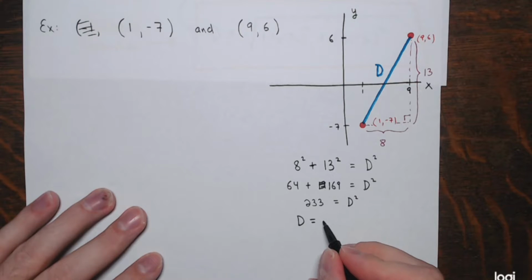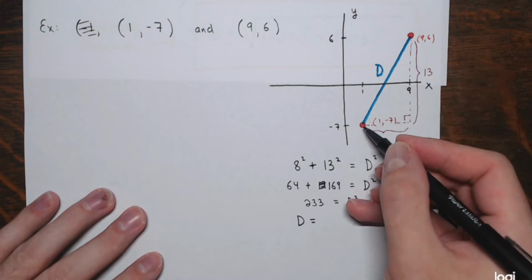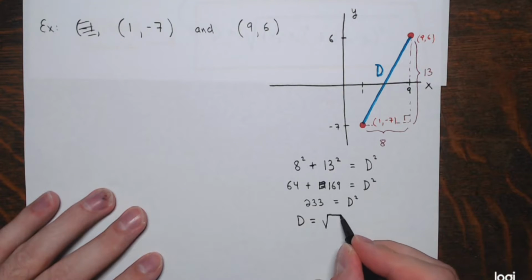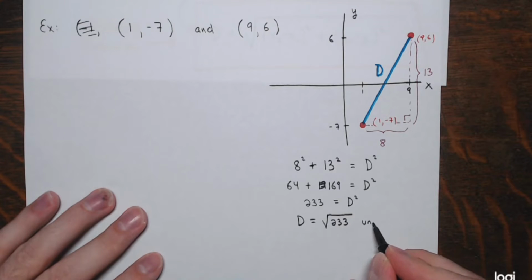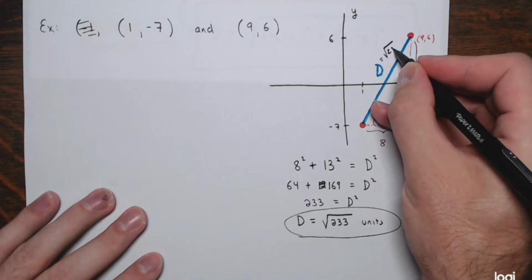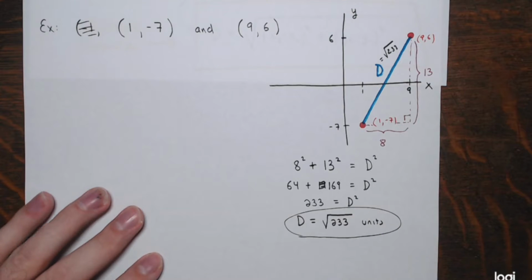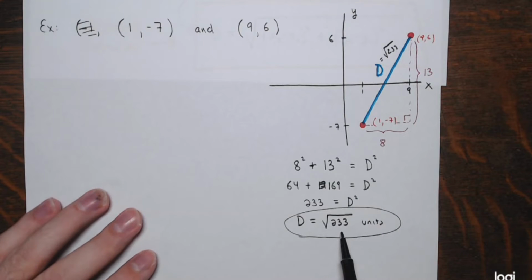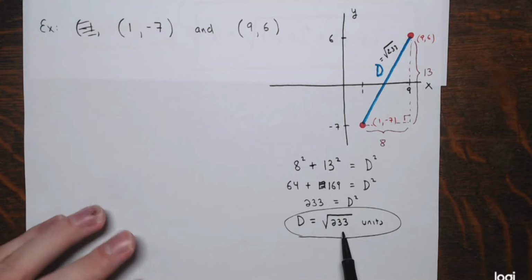It's positive or negative, but we're talking about a distance, so the positive square root of 233 units. That's how many units apart these are, something between 15 and 16 units.